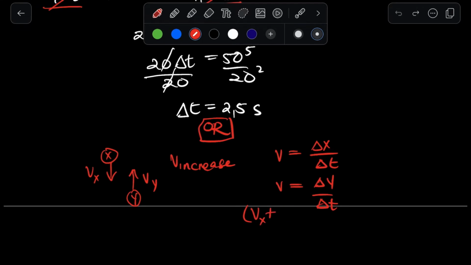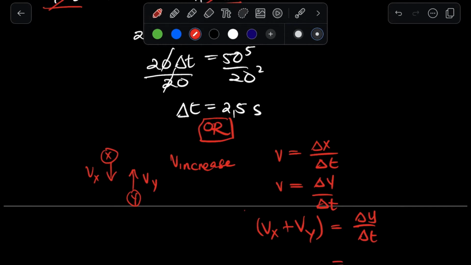Remember I said the relative velocity increases as they approach each other. So you add both. So it's going to be Vx plus velocity of ball y equal to change in y over change in time. Remember, what are we looking for? We're looking for time there.